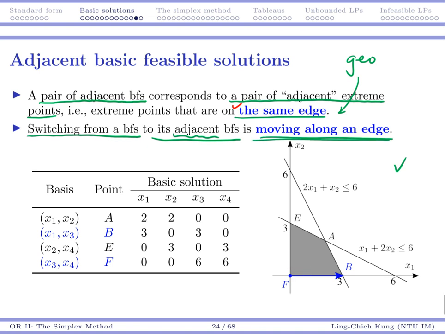So graphically, you see we may move from F to B, from B to A, from A to E, and so on, we always move along edges. And that again makes sense because we know the solution must lie on boundaries. So there is really a reason for us to focus only on boundary points, only on extreme points, or only on basic feasible solutions.